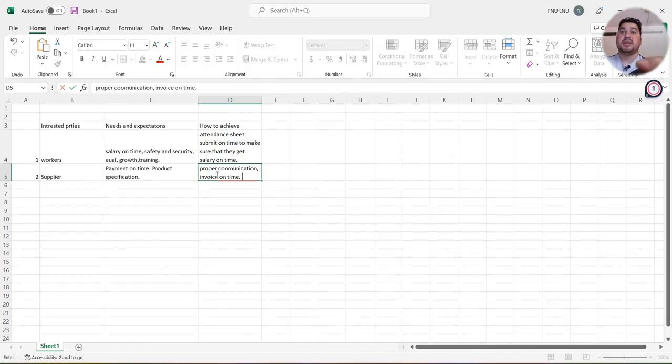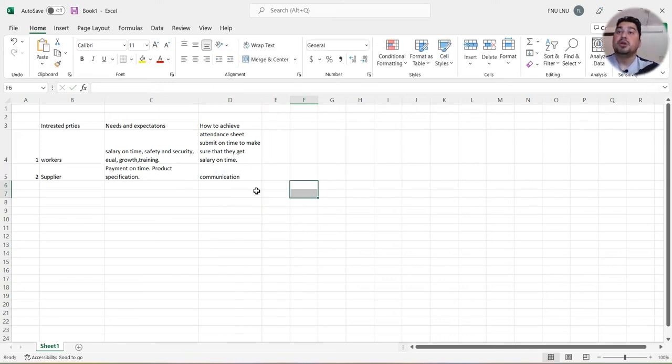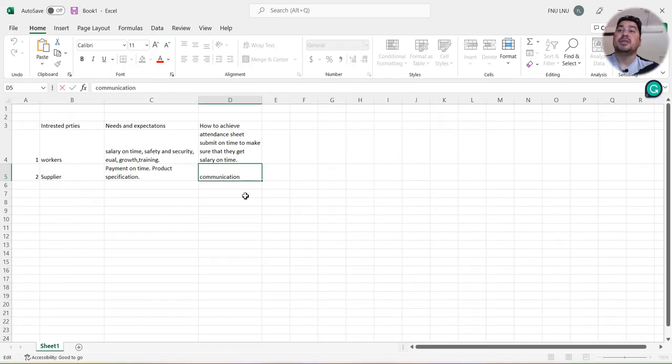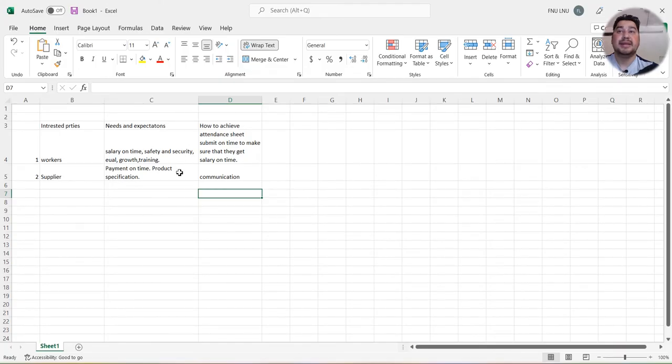And for the product specification, you have to make sure that you are submitting the product specification on time. So this is the way you have to use it, and in this way you have to achieve your interested parties' needs and expectations.